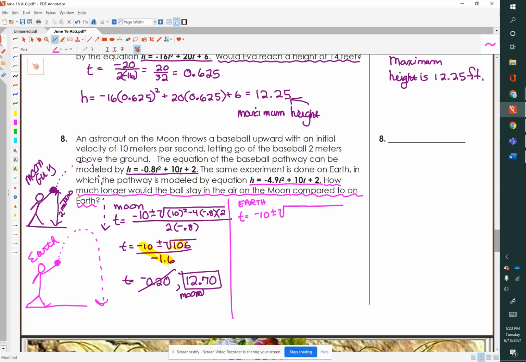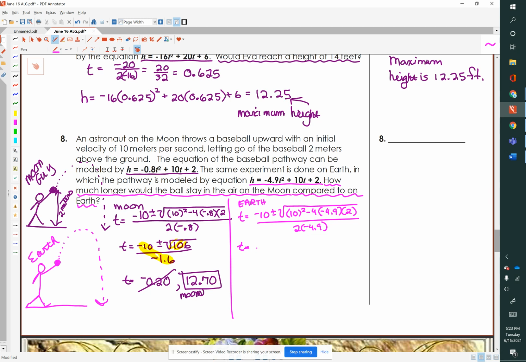So we've got the square root of 10 squared minus 4. Now we have a different a value. We've got negative 4.9, and our c is 2, divided by 2 times negative 4.9.